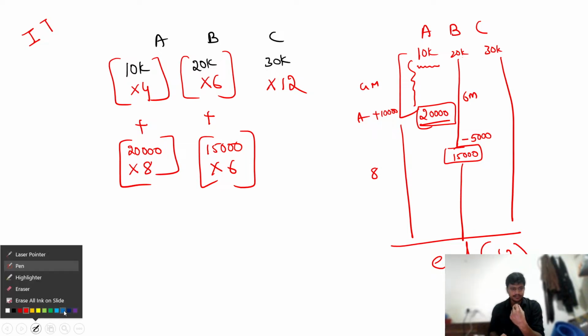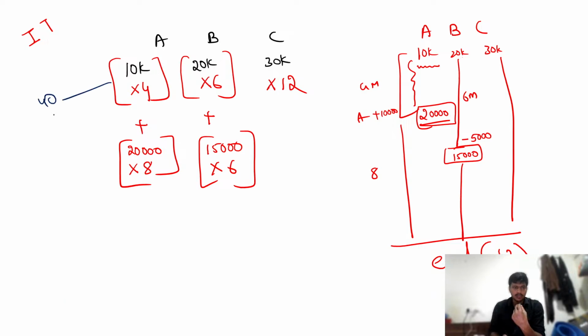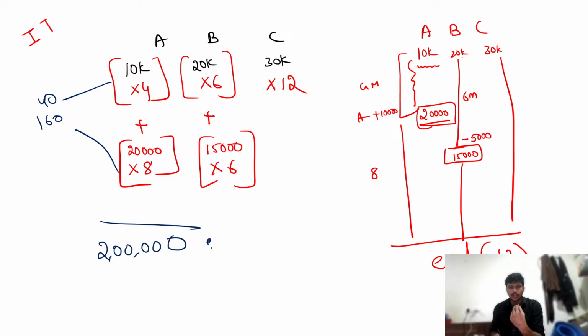Just wait. So this is 40k and this is 1,60,000, so the total will be 2 lakhs. Now coming to B, this is 1,20,000 and this is 90,000, so this will become 2,10,000.